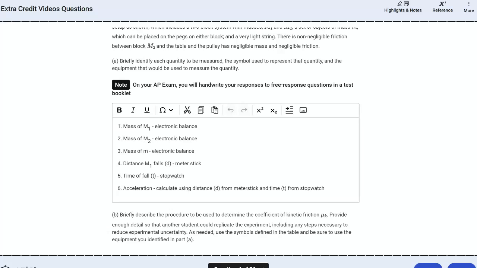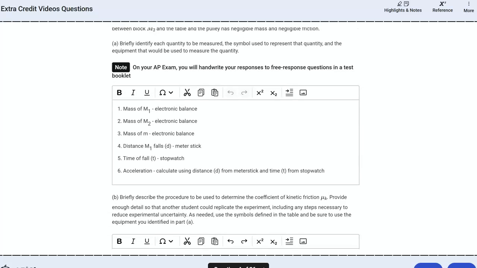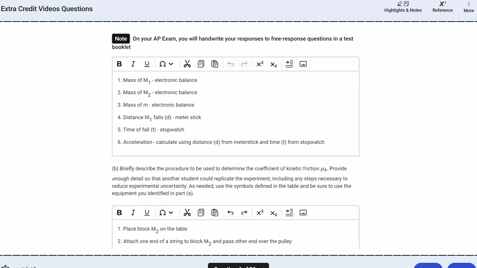We're going to note the distance M1 falls. We're going to denote that with the letter D, and we're going to measure that with a meter stick. We're going to measure time of fall with a stopwatch. We're going to denote that with a T. And then we're going to calculate acceleration using distance from the meter stick and time from the stopwatch.